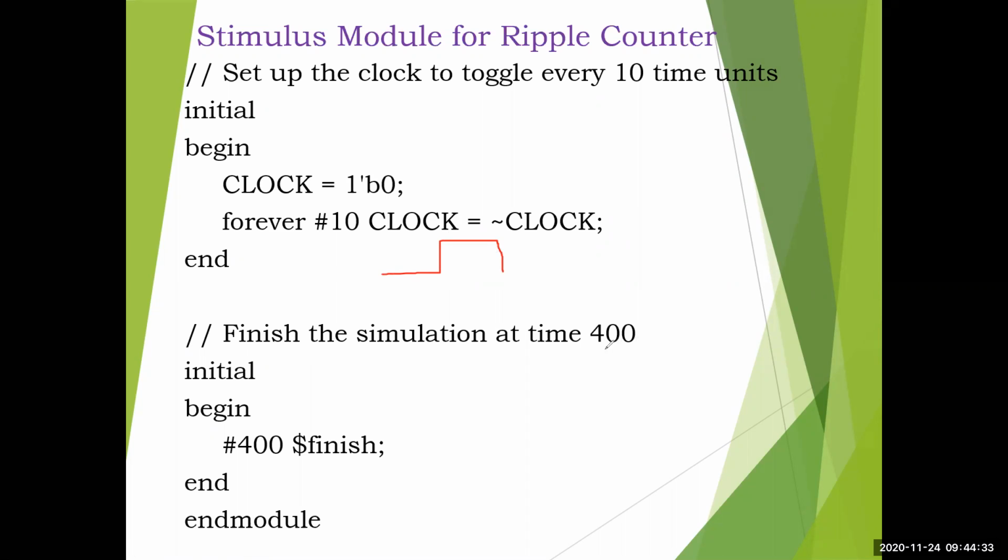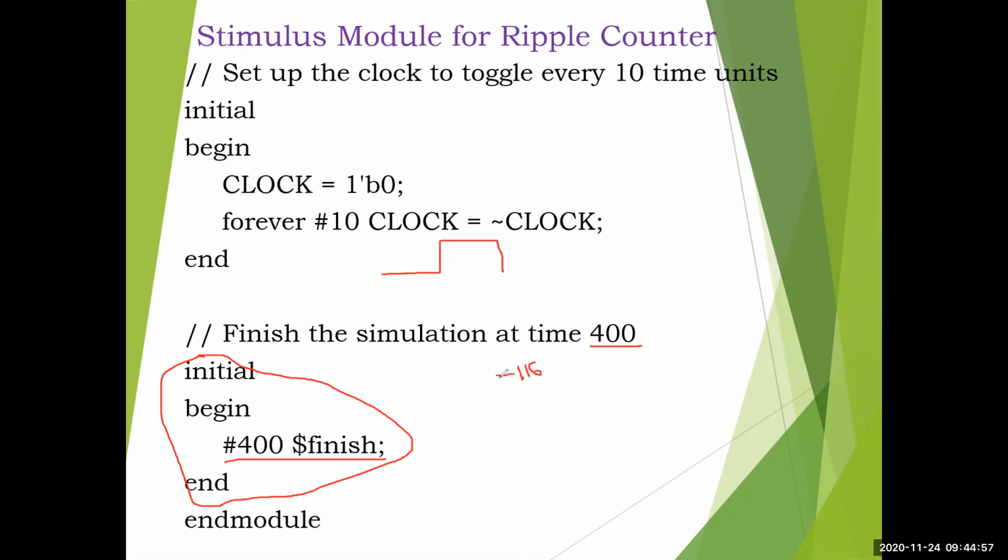Finally we have to simulate. I told you that after 284 only you have to stop. Here, given 400, you can stop at 300 also: initial begin, 400 finish. So what is the difference? Instead of writing this as a separate module, you could have written the finish in there only. How? By just making up the difference. 284 was there last, so if you want 400, it means 116.